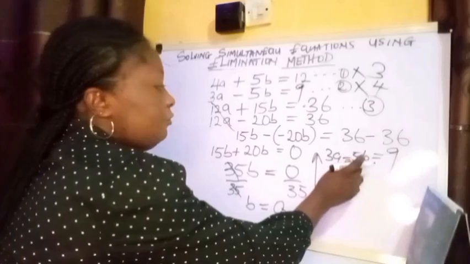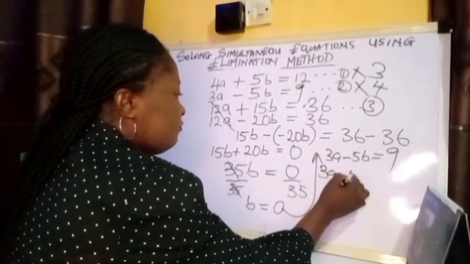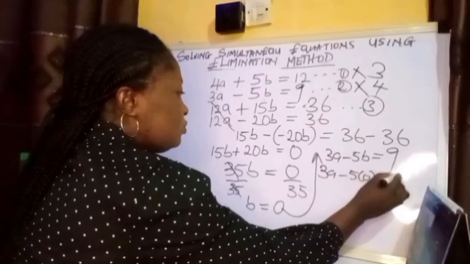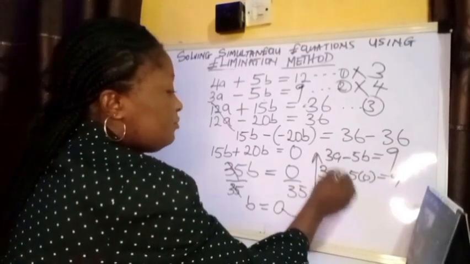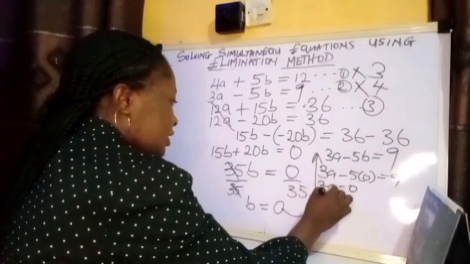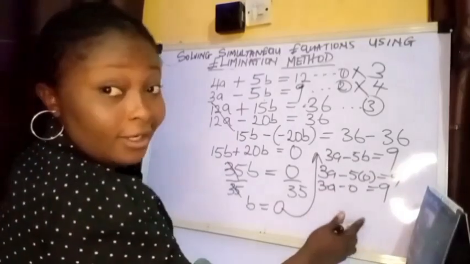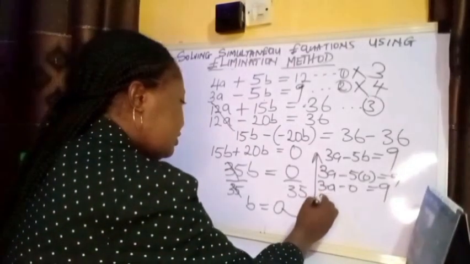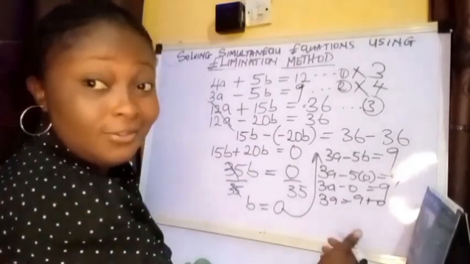I'm going to remove B and put 0. So we'll have 3A minus 5 bracket 0 is equal to 9. So we'll have 3A, 5 times 0 is 0, minus 0 is A, not 9, is equal to 9. So we'll collect like terms, and be left with 3A is equal to 9 plus 0. And 9 plus 0 is 9.